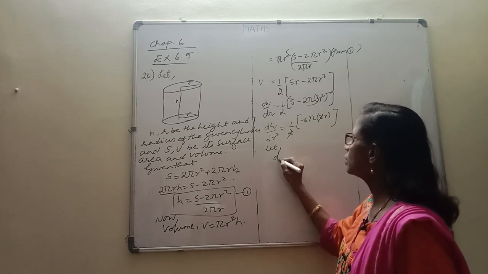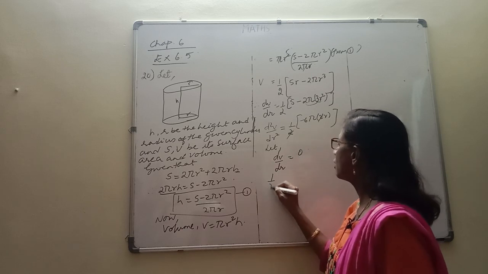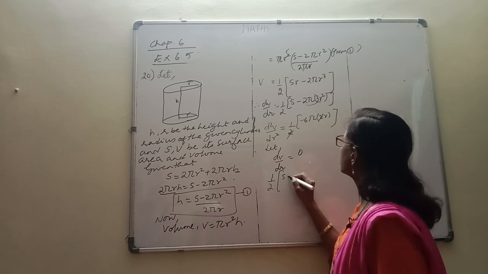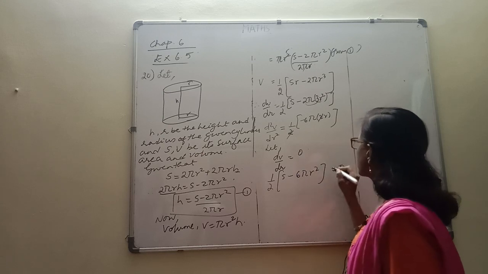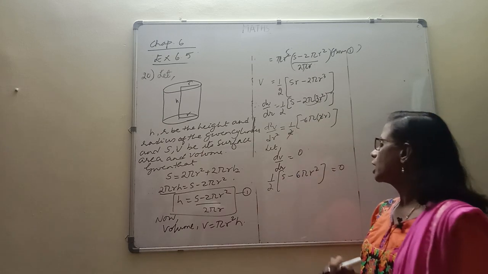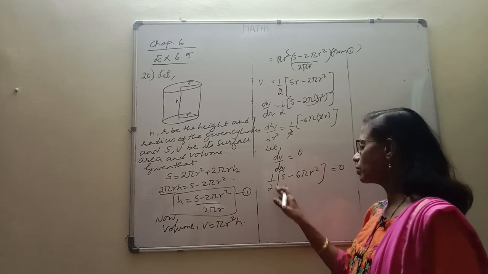Let dV over dr be equal to 0. So what happens? It is half times s minus 6 pi r squared equal to 0. I've just simplified it. So we can take the 2 on the half.